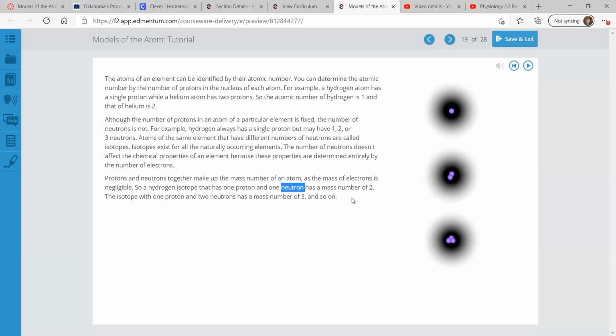That's why that isotope has a mass number of 2. The isotope with one proton and 2 neutrons has a mass number of 3, and so on. So be careful about distinguishing the atomic number and the mass number.